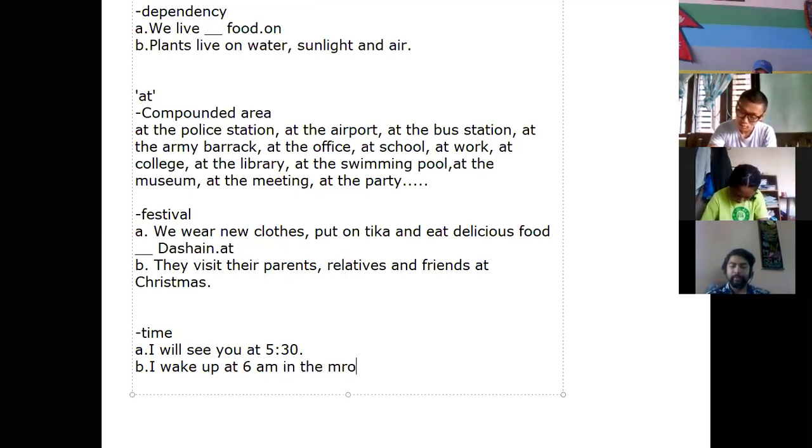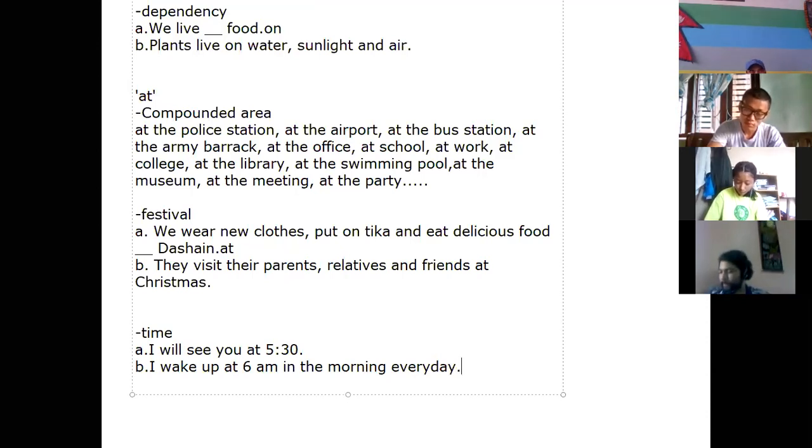With morning we don't say at, it's in the morning every day. All right, time.